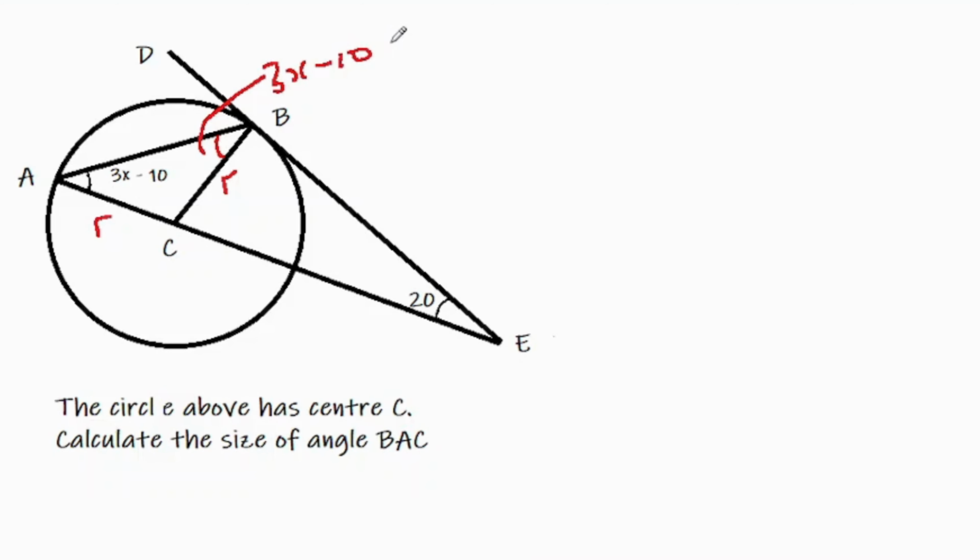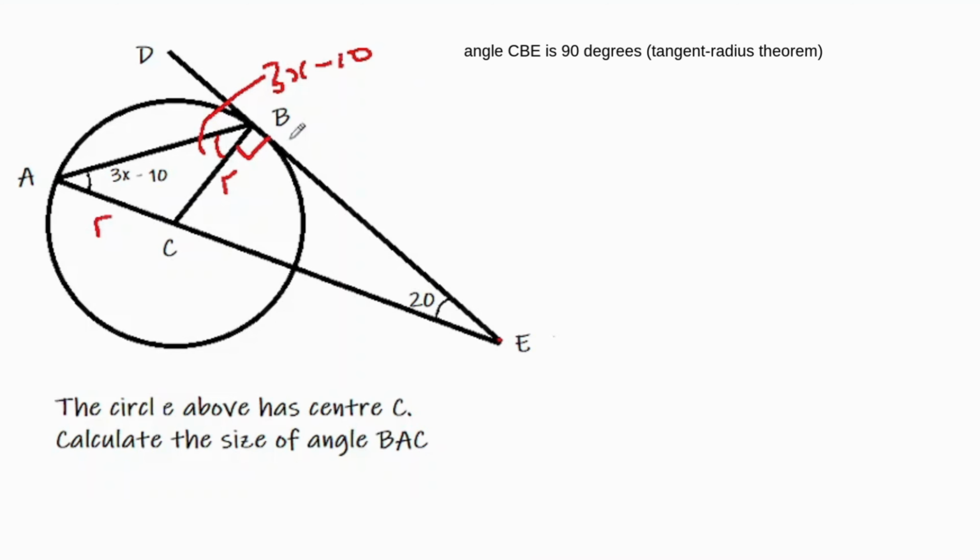Now CB is a radius and DE is a tangent. CB is perpendicular to DE. That's the theorem we're considering in this video. So angle CBE is 90 degrees.